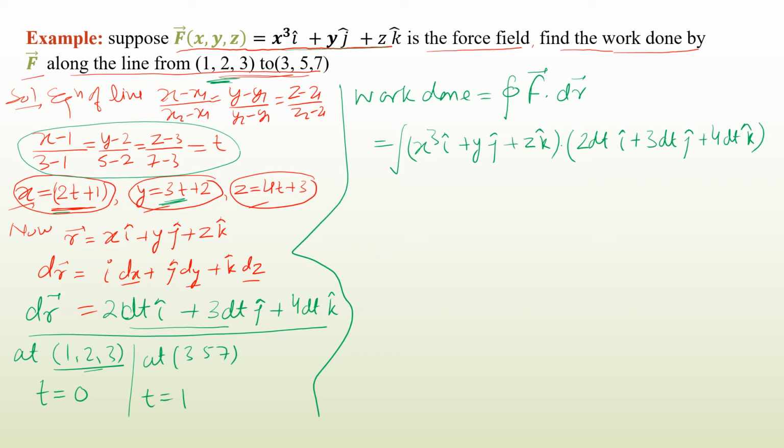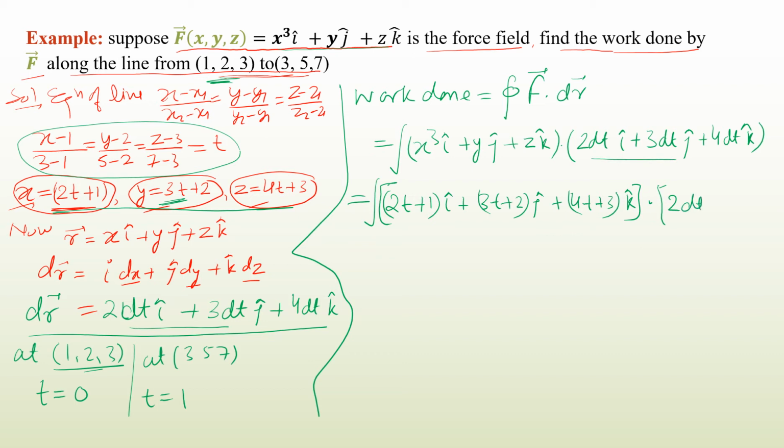Here we put the values of x, y, z in terms of t. So we write (2t plus 1) i, (3t plus 2) j and (4t plus 3) k, and the dot product with dr, that is 2 dt i plus 3 dt j plus 4 dt k.